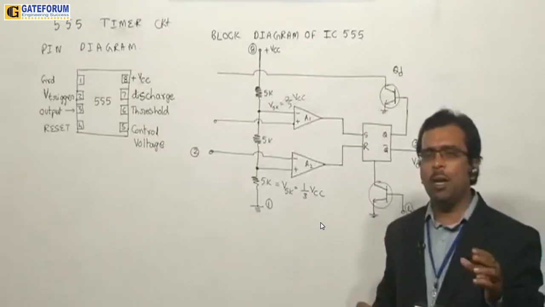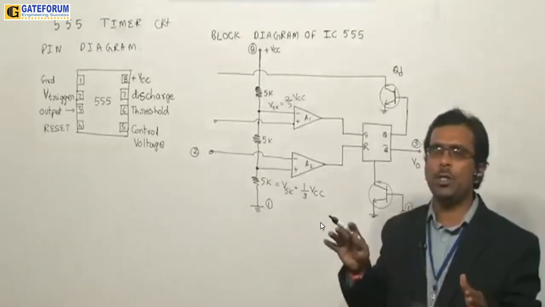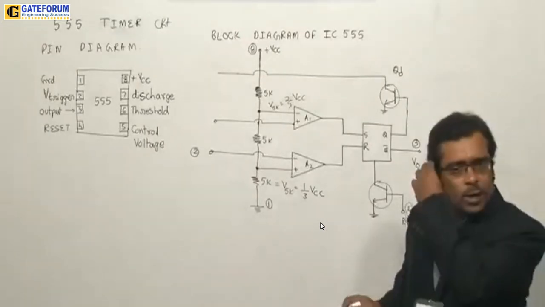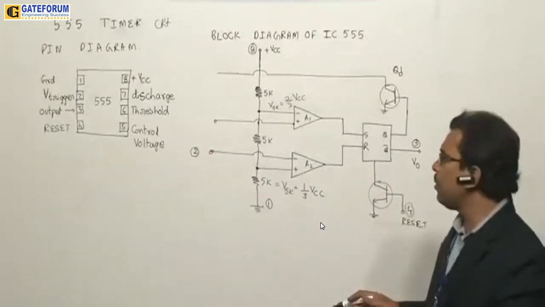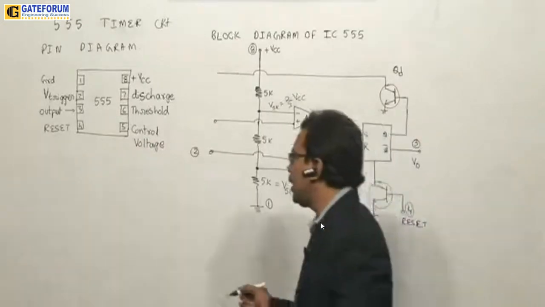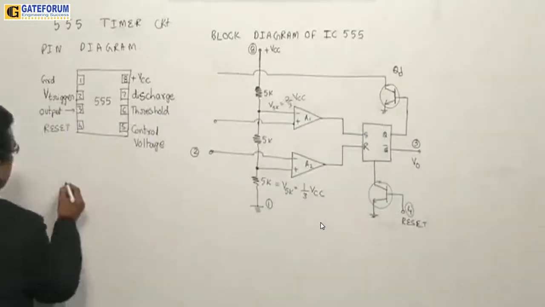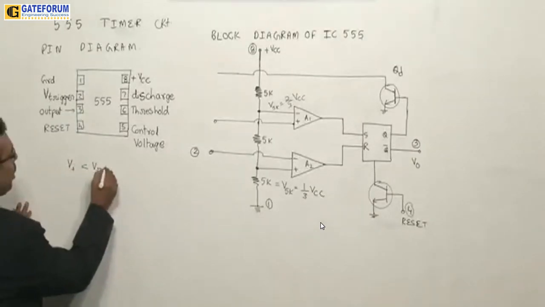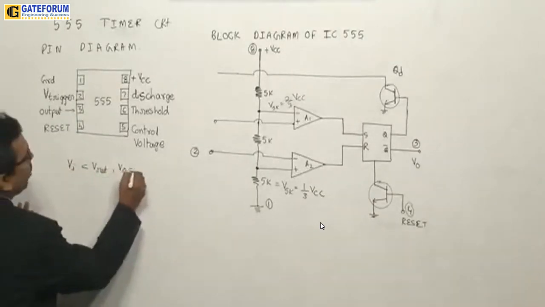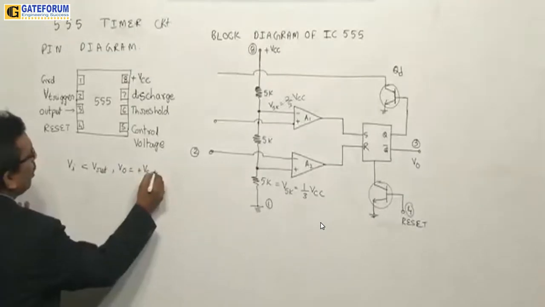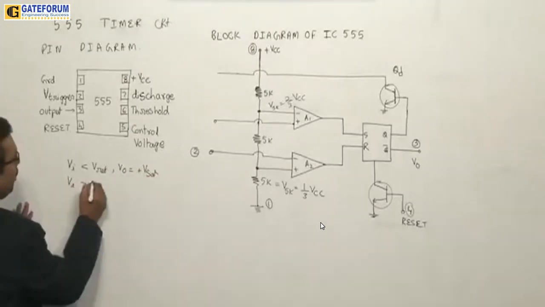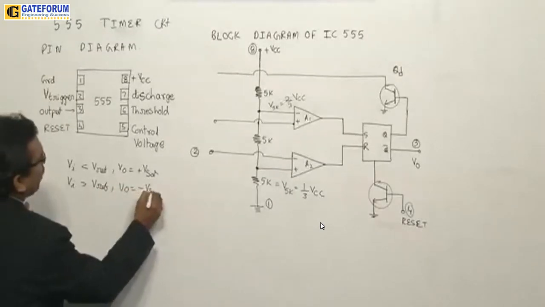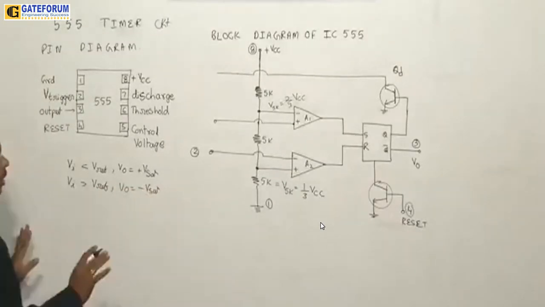But the story here is, for the negative terminal, you can understand it like this: input is kept constant and only the reference is varied. So both these are comparators and they work on the same principle that we have studied. V input less than V reference, then V output will be at plus V sat, and V input greater than V reference, then V output is equal to minus V sat.